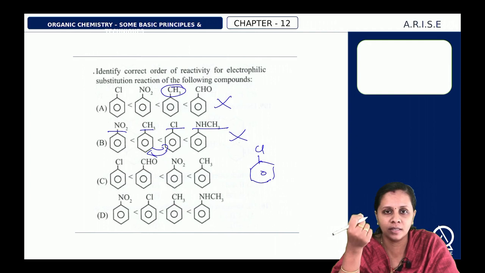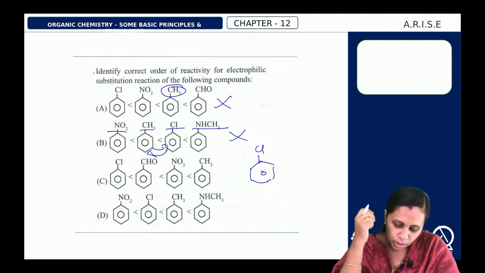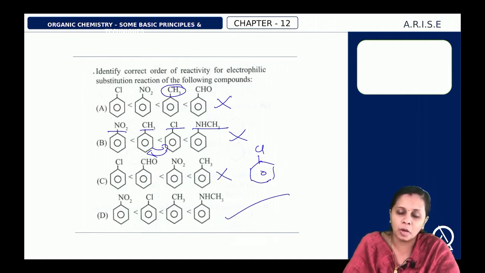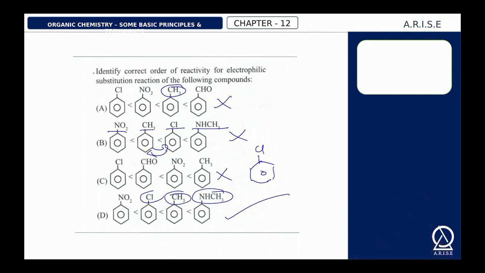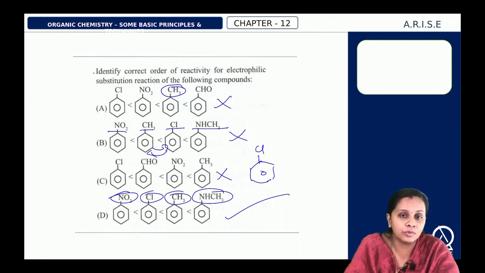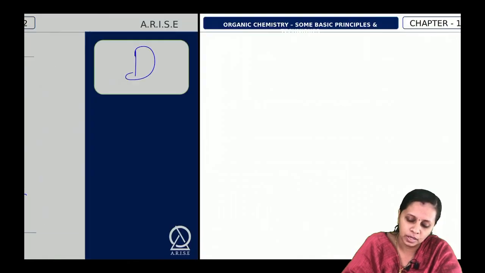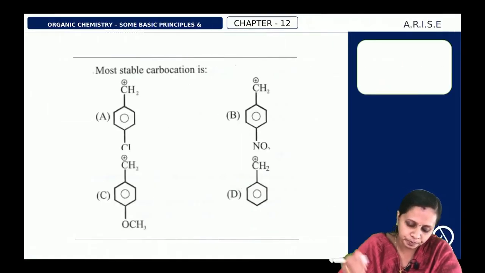Both effects are there, but the resonance effect is dominating. So the next should be chlorobenzene. So this is also the wrong order. Obviously, which will be the correct one? Option D will be the correct one. You have NHCH3, then CH3, then Cl, then NO2. NO2 decreases the electron density by resonance, so it is least reactive for electrophilic substitution reaction. So it is option D.